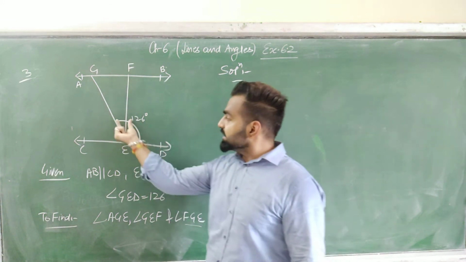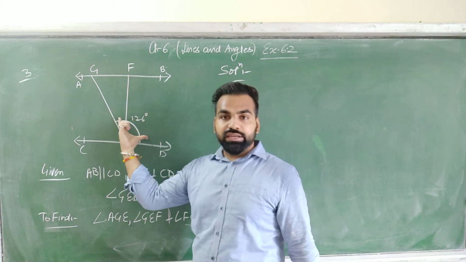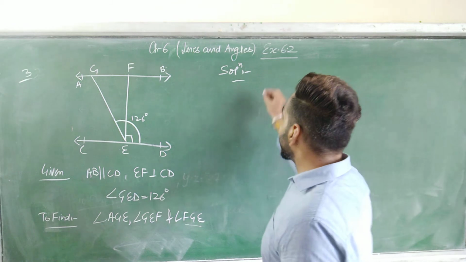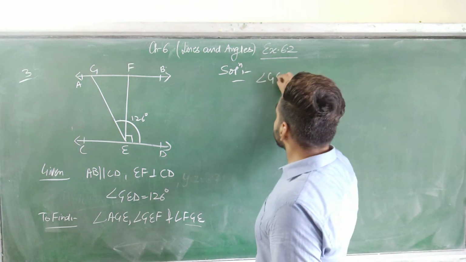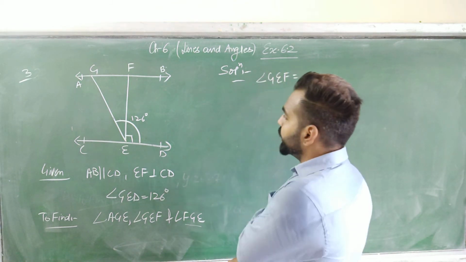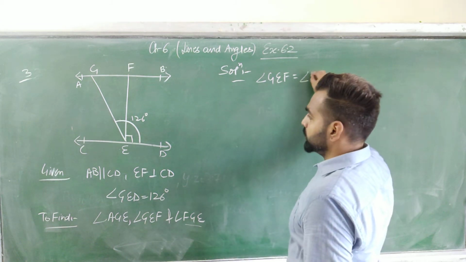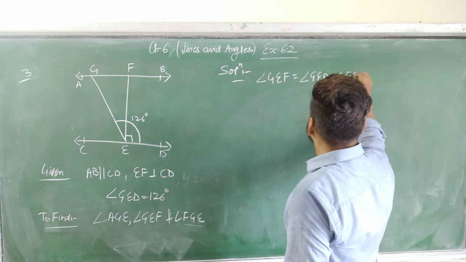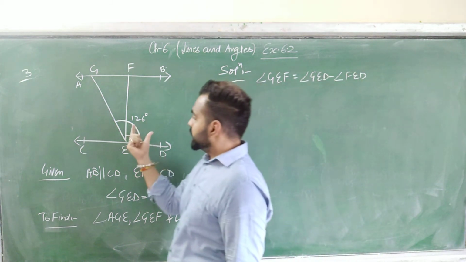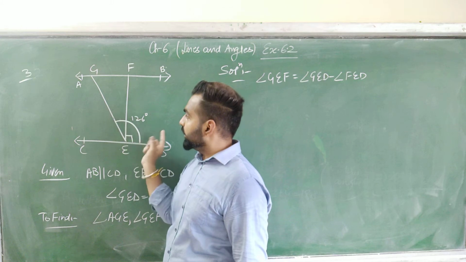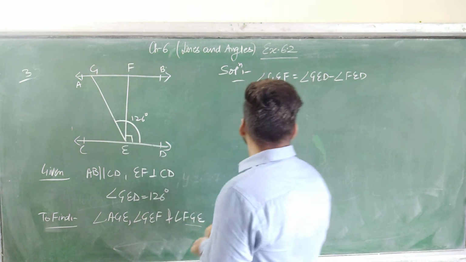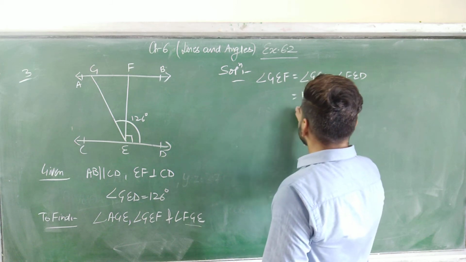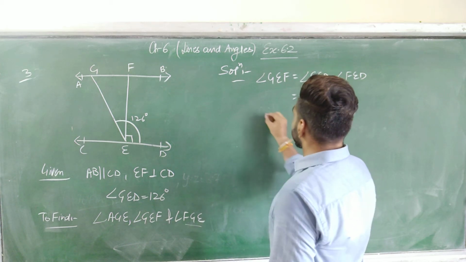We can see that this angle is part of this complete angle, and the complete angle is 126 degrees. So we can write angle GEF is equal to angle GED minus angle FED. Subtract this 90 part from the whole angle, then we will get this angle. So this will be equal to 126 minus 90. So this angle will be equal to 36.